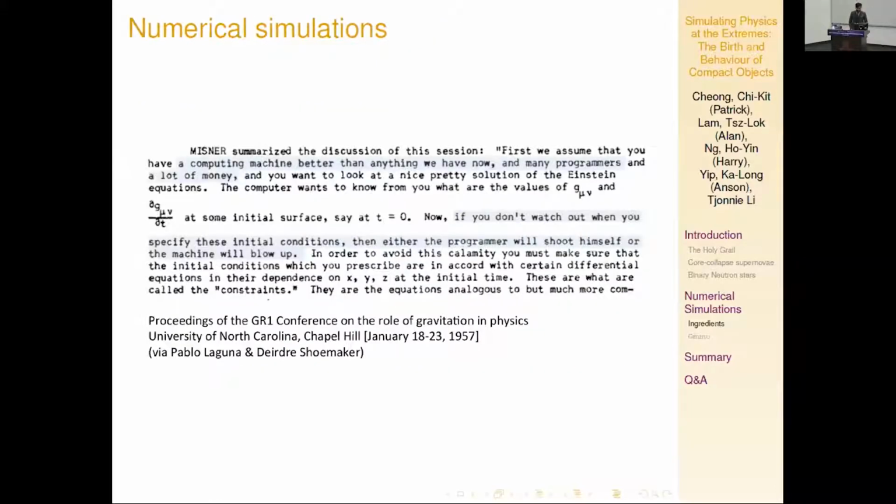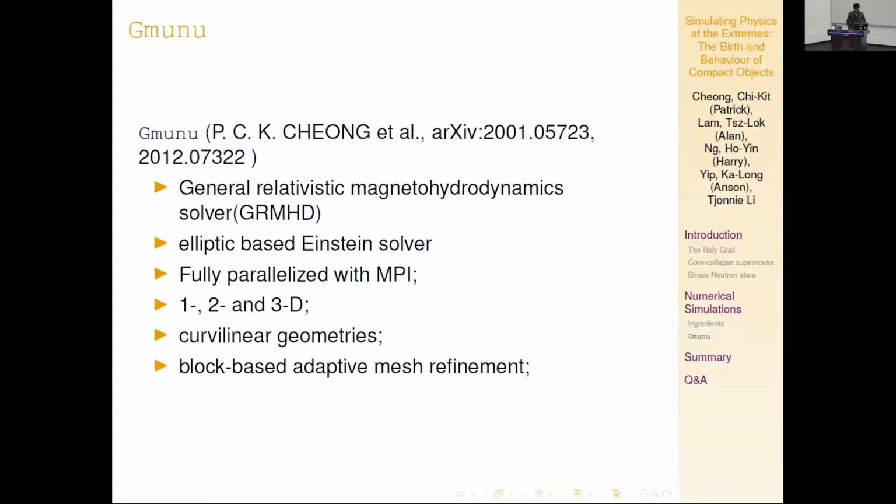Many years ago, people were investigating whether it would be possible to numerically simulate the dynamical space-time. And it turns out to be extremely difficult. This is one of the snapshots at that conference, but let me skip it now. In order to tackle the problem I described just now, we developed our own numerical code called GMU. Here I list some technical details, but let me simplify it a bit.